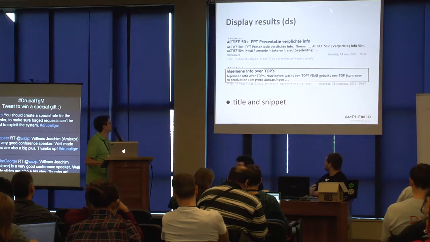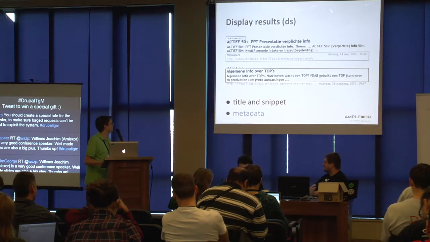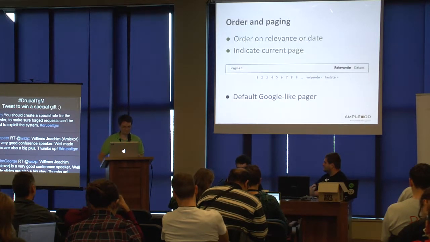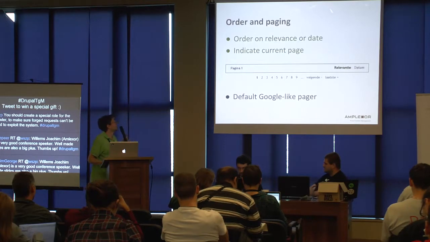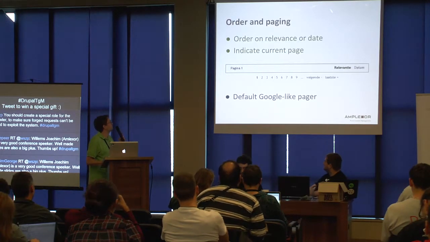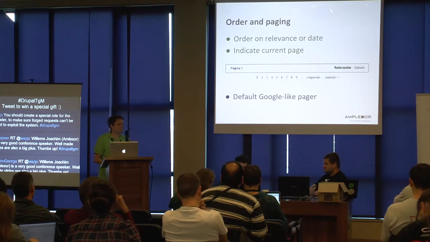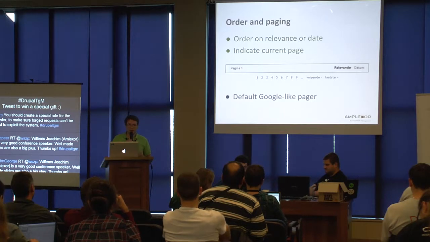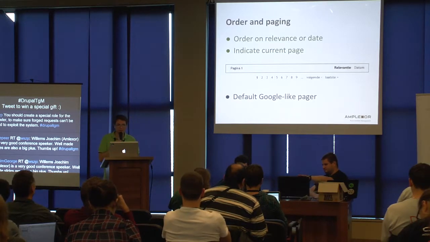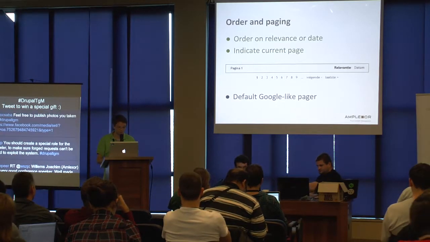So, for instance, here there's a field title and a field of the snippet we're getting from the appliance, and some metadata. There's ordering and paging. We can order on relevance or date, and there's an indication of the current page. The appliance keeps track of how many responses you can get for a certain search, and a Google-like pager.